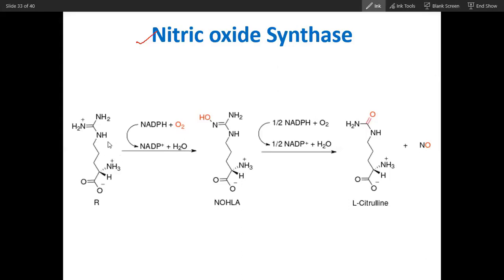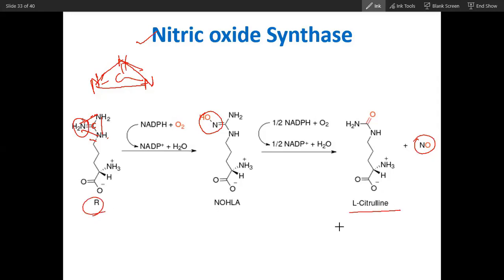Now, this is the guanidino group: create a triangle, put a carbon at the center and nitrogen at the apexes. So from this guanidino group one nitrogen is oxidized, and after oxidation it will release nitric oxide, and arginine is converted into citrulline here.